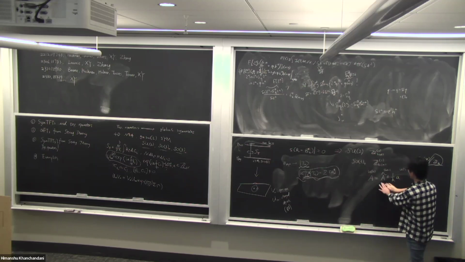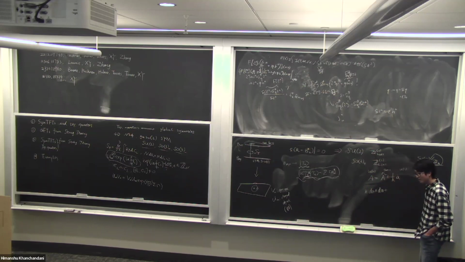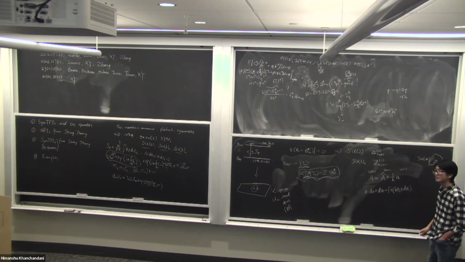So you write something like this, and then you try to couple the thing. I think this is a term you need, and you might also need some term like K B2 minus or plus DA, and then you introduce a Lagrange multiplier for this thing.